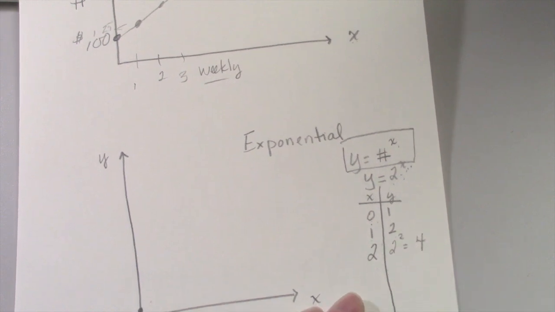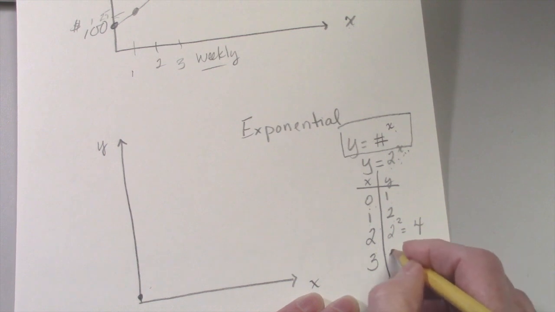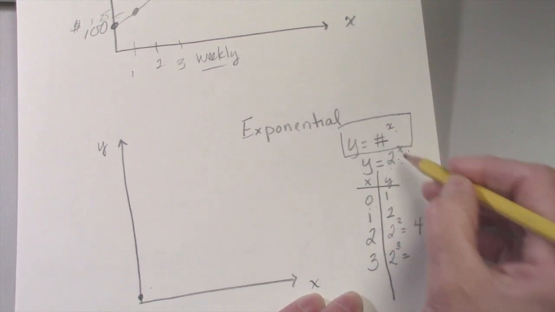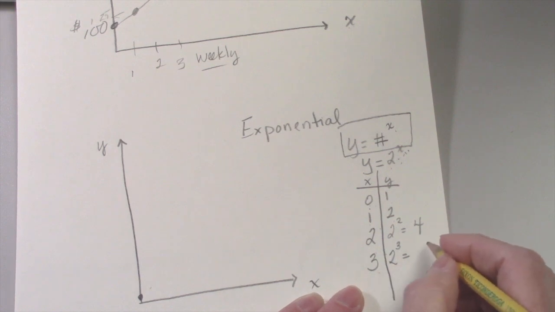2 times 2 is 4. Keep going in order. 2 to the third, 2 raised to the third, so the x is the exponent, is 3. So 2 times 2 times 2 is how much? 2 times 2 is 4, times 2 is 8. Okay?